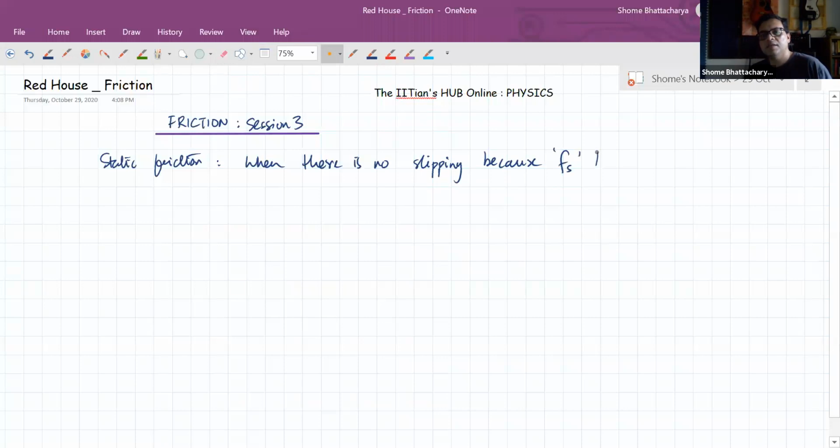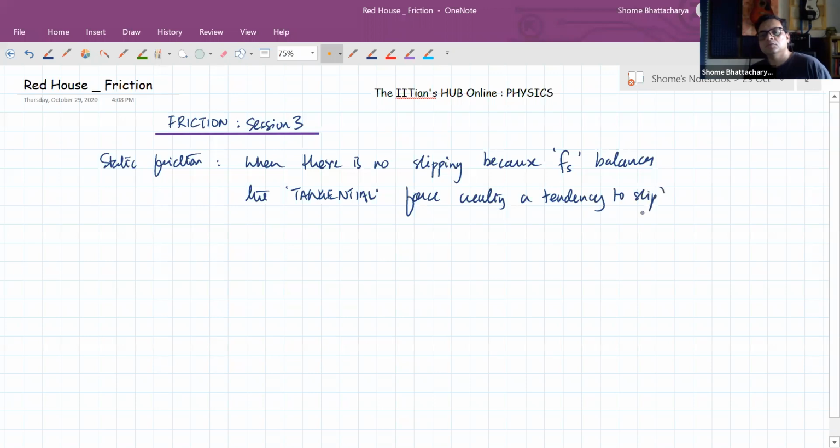Static friction balances the tangential force, creating a tendency to slip. And as a result of that, the static frictional force acting on it is less than or equal to coefficient of static friction into normal reaction.